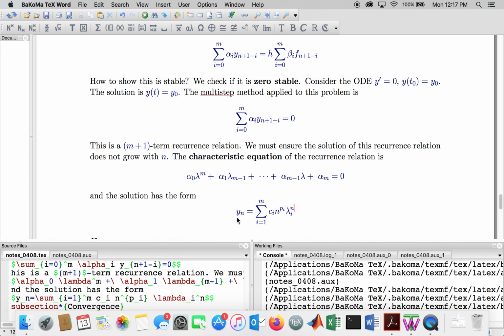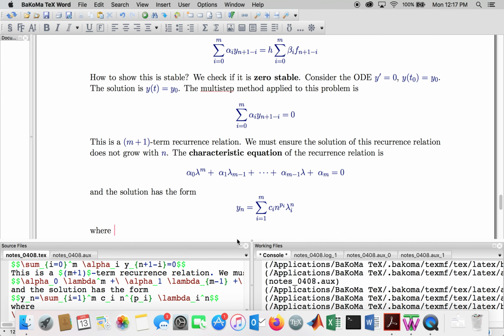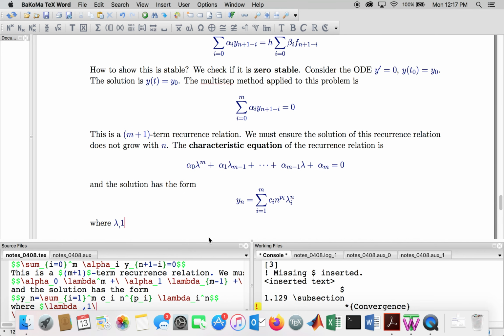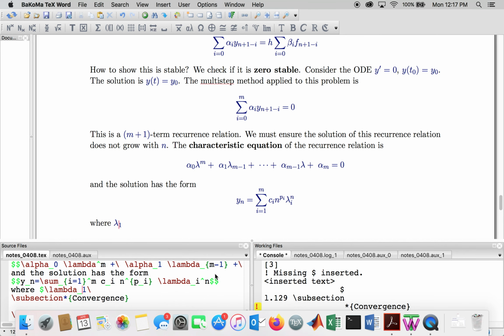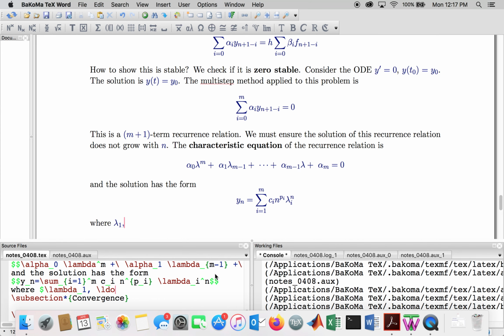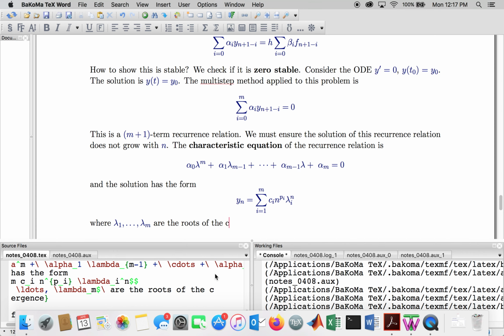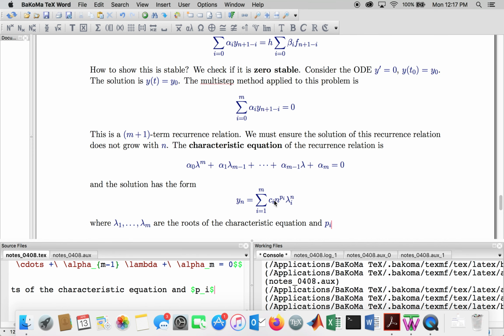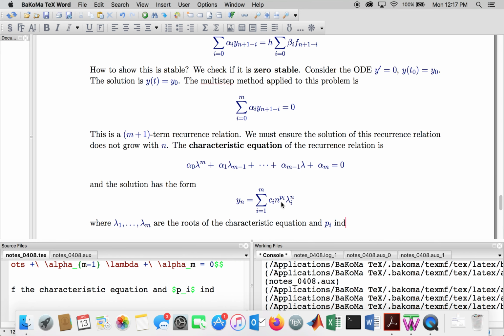So a solution of the recurrence relation has this form, where all the lambda values are the roots of the characteristic equation, and the p_i are integers, so this accounts for repeated roots.